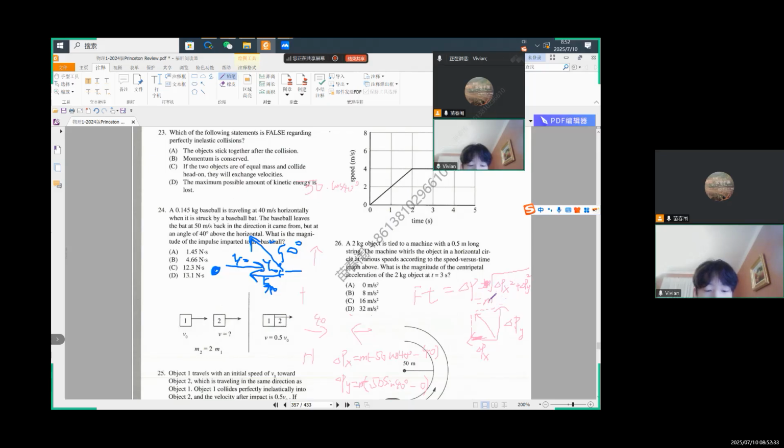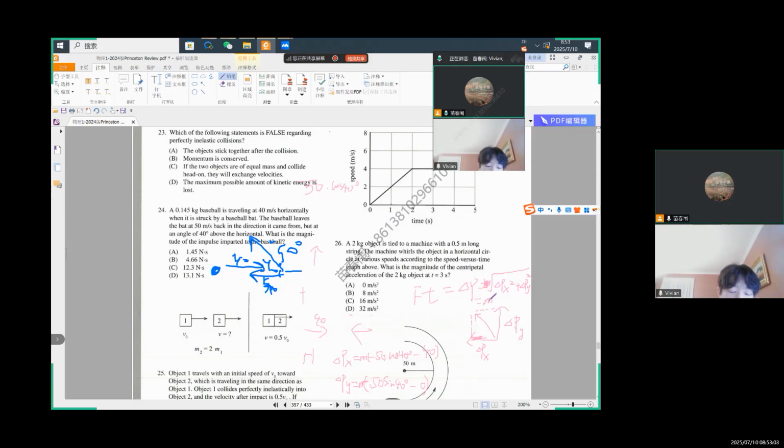Okay, 24, where did it stop you before? I remember you have a good understanding about the different directions, x direction, y direction. So they ask impulse.